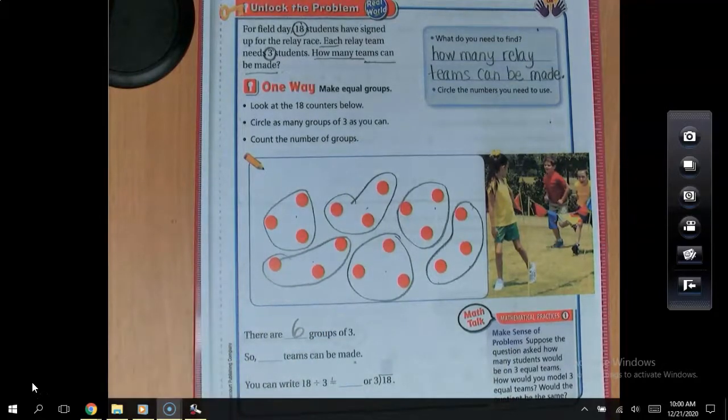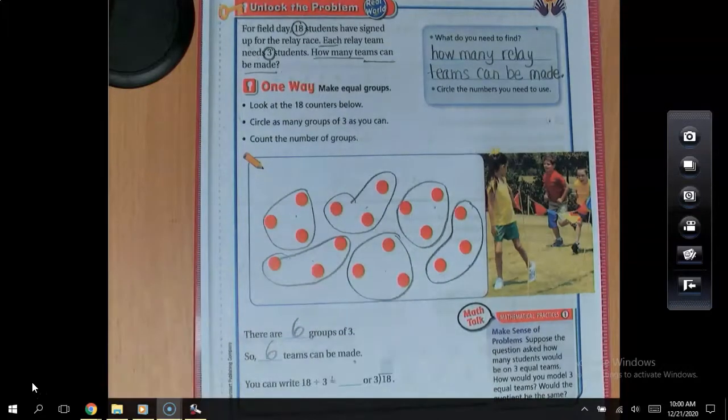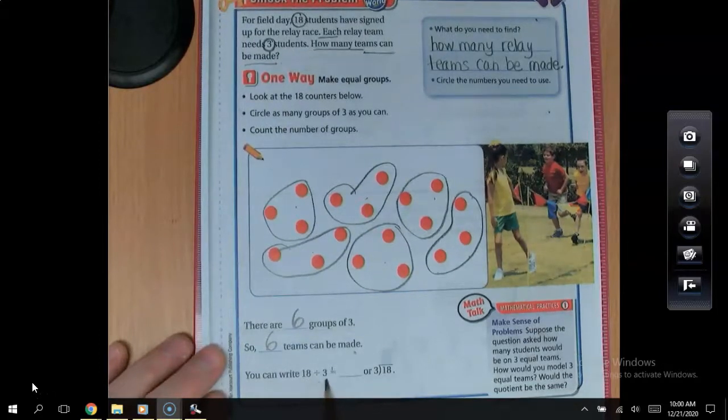So how many teams can be made? 6. Yes, I can have 6 teams with 3 on each team. If I would write a division equation, I would write 18, my total number of students, divided by 3 students on each team equals how many teams? 6.